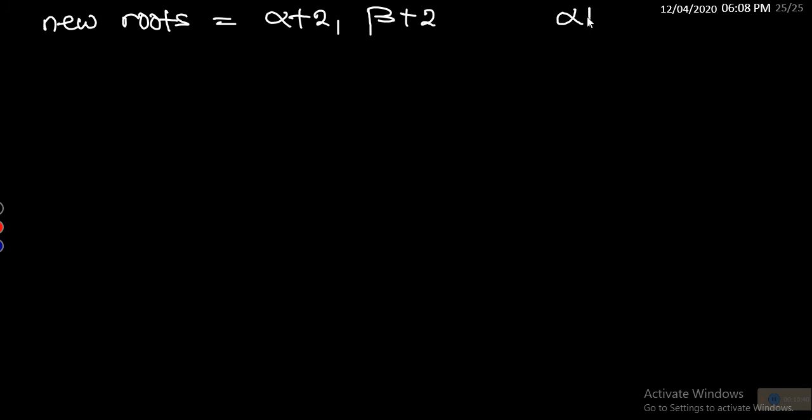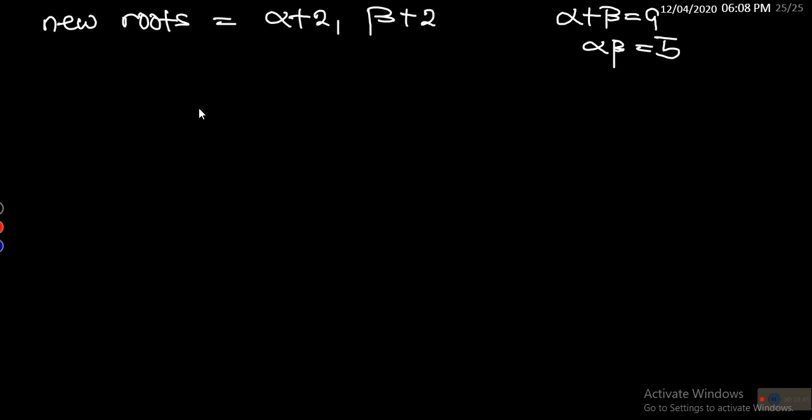So remember, the new roots we have are alpha plus 2 and beta plus 2. And remember the last roots, we have the sum of the roots equal to 9 and the product of the roots equal to 5.